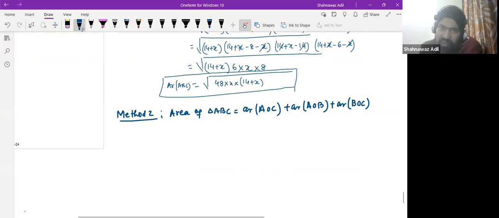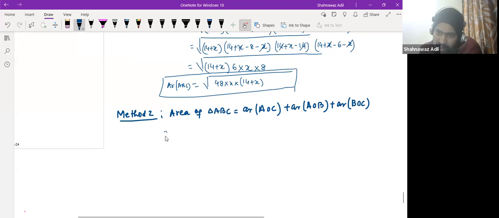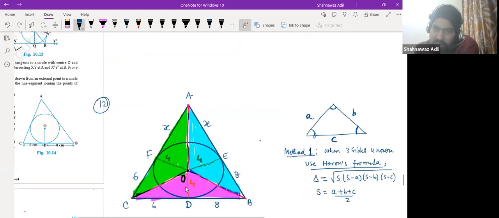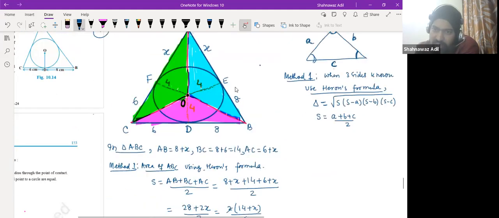So now we have to individually calculate the area of AOC. Area of AOC is half base into altitude. For the AOC triangle, the base is AC and height is OF, right?